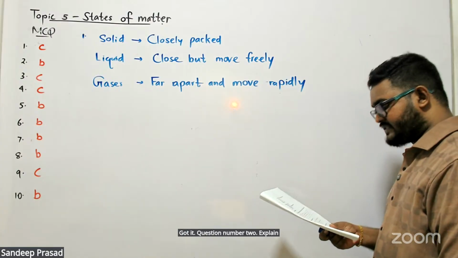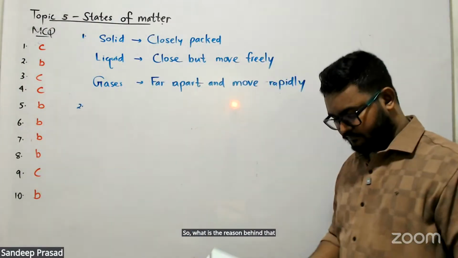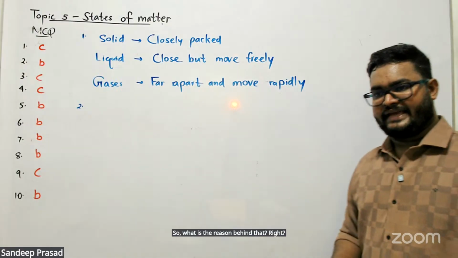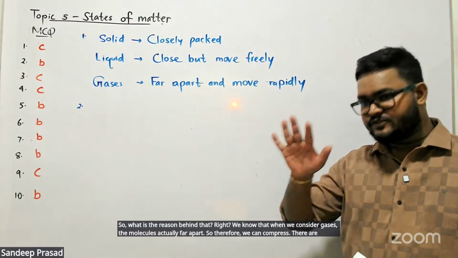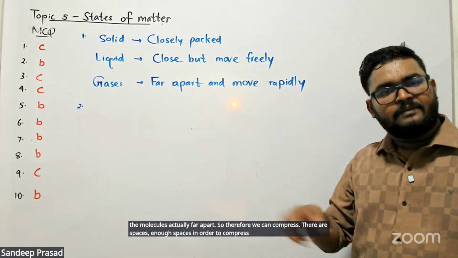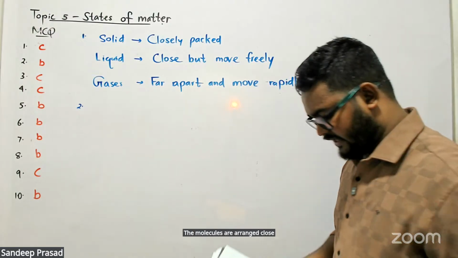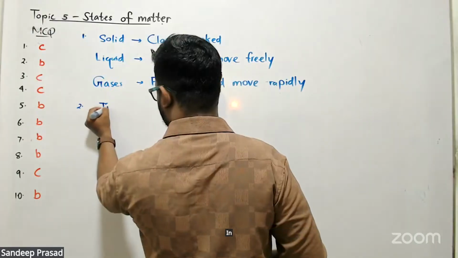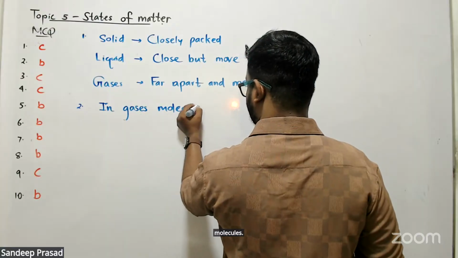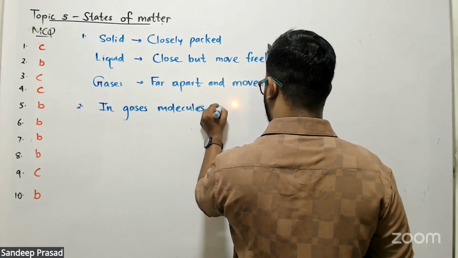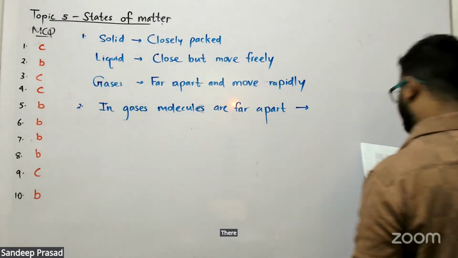Question number 2. Explain why gases are compressible but solids are not. So what is the reason behind that? We know that when we consider gases, the molecules are far apart. So we can compress them. There are enough spaces in order to compress. But solid particles are not like that. We can't compress them because the molecules are arranged closely. So in gases, molecules are far apart, therefore they are compressible.